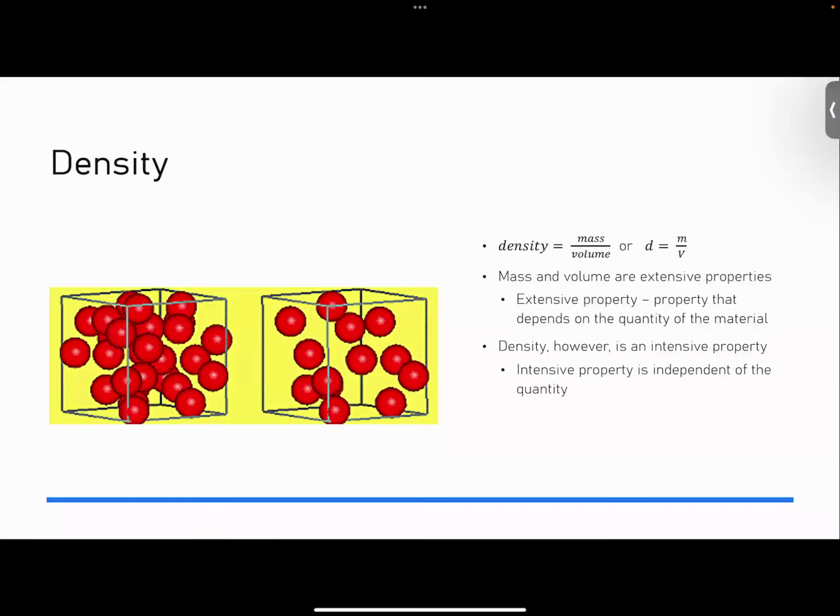But density is something that can be determined, and we can use it to help identify an object. What is density? Density is mass divided by volume.